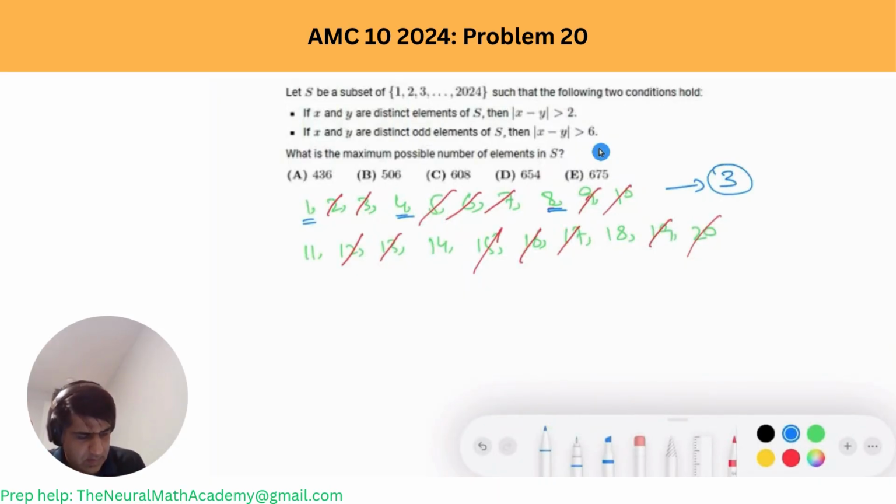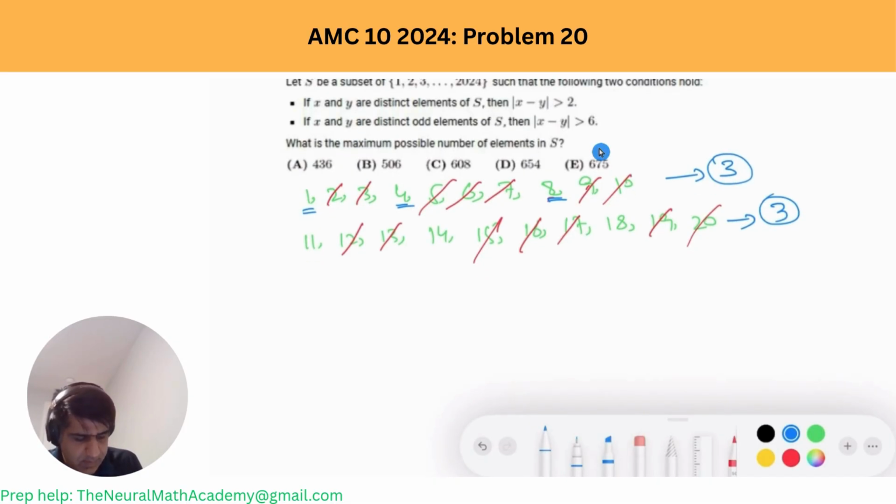And now if I check the next 10, then again there are 3 numbers which satisfy this condition. So the total number that I am given is 2024. If I divide it by 10, because we are making this observation for every 10 numbers, then I can write it as 202 remainder 4. And from each block of 10 numbers, there are 3 numbers which satisfy the condition.